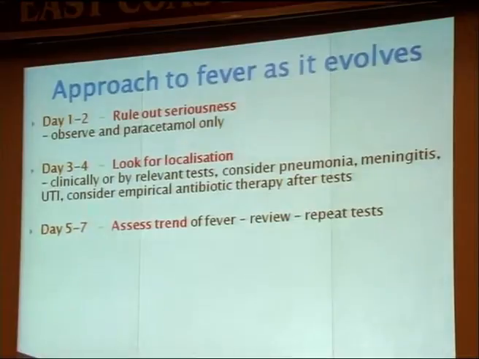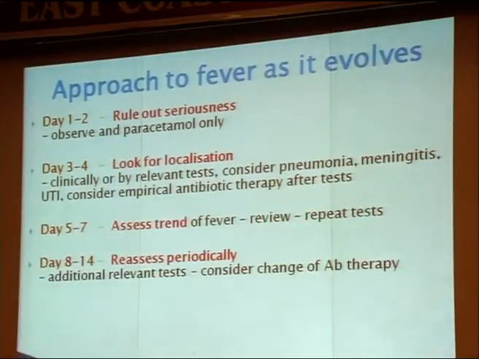By day 5, day 7, we will assess the trend. So either with treatment of this antibiotic the child is getting better, or on his own the child is getting better, it's a self-limiting illness, and if not, then we will review and if necessary repeat tests. Day 8 to day 14 we will keep reassessing.